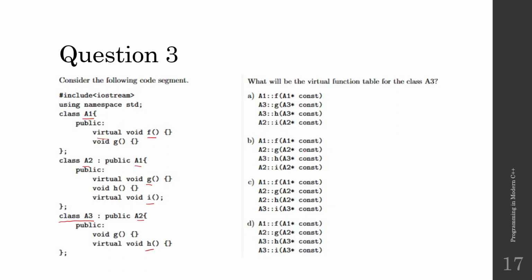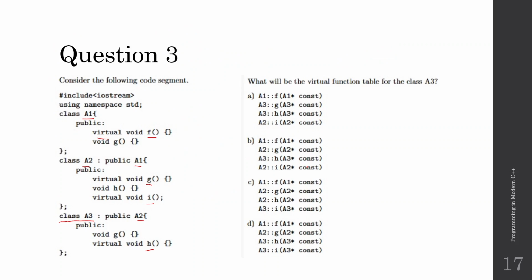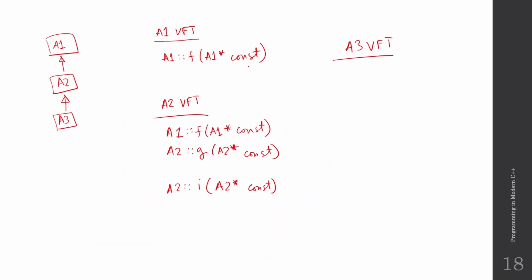Finally, in class A3, we are making h a virtual function also. So for A3's VFT, we are overriding g here, as you can see. f we are not overriding, so f will stay the same.